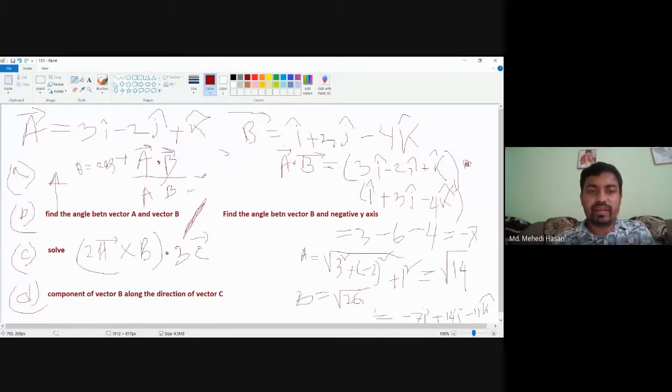Now if you put the value of a dot b and a b in that equation, which is cos inverse of a dot b, minus 7 divided by root over 14 and root over 26, then it will be a particular value and the unit will be theta. So calculator use করলে এটা পেয়ে যাবা, সলভ করছো কেউ? So it will be a certain value in terms of angle theta. So this is the way.